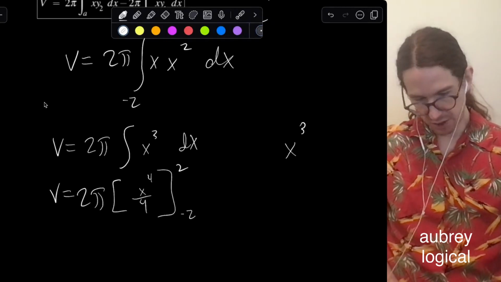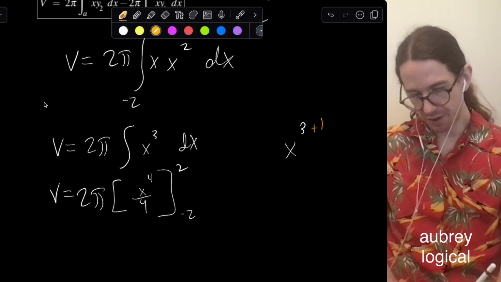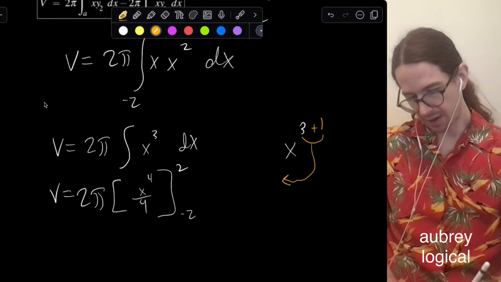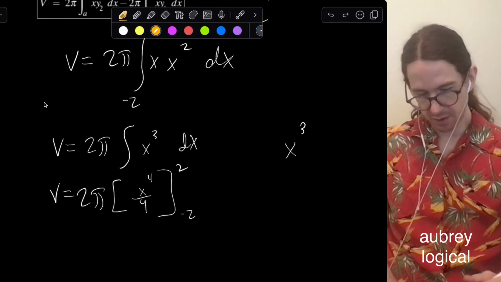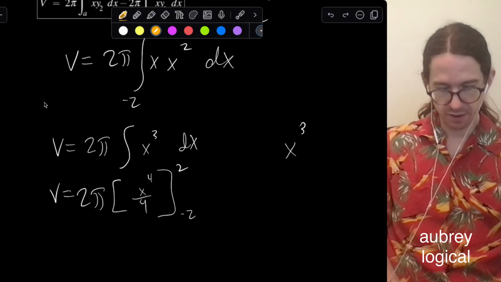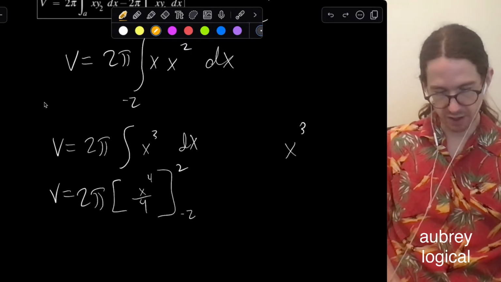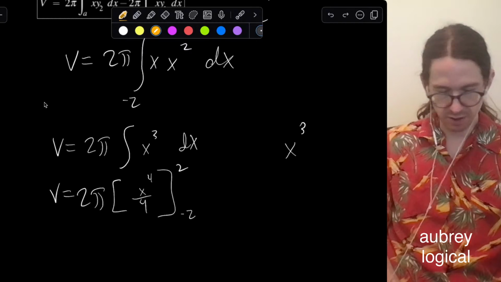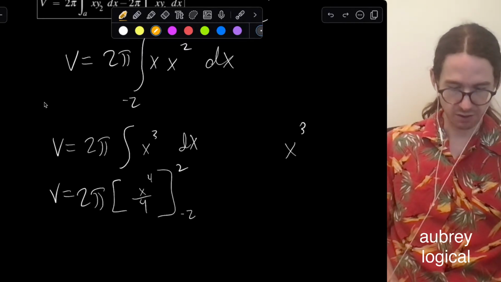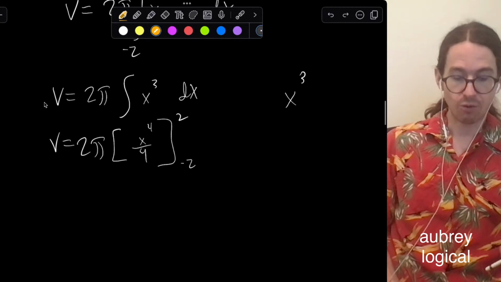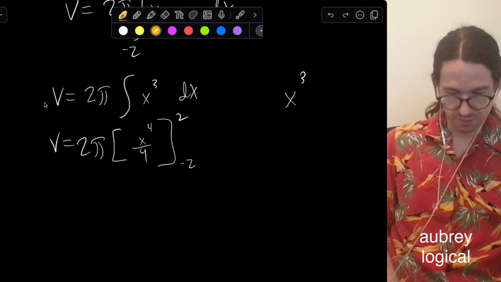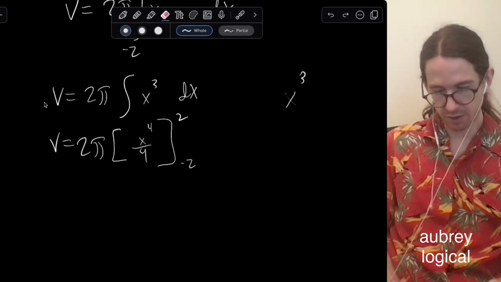So for integration, we add 1 and divide by that quantity. So x cubed turns into x to the 4th, then we divide by the 4. It's not really super difficult with these particular integrals. However, some integrals are a real doozy. Okay, let me move on.